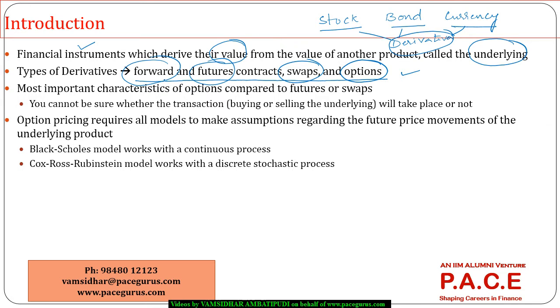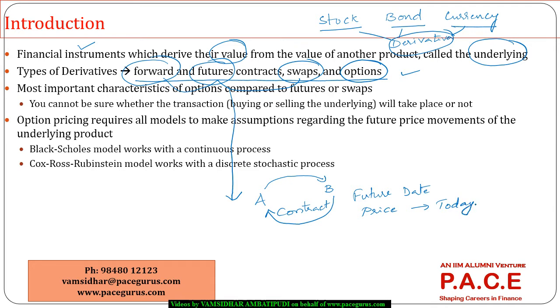In all these three, just as a quick summary, both the parties A and B get into a contract saying A will buy something from B and B will sell something to A at some future date, but the price, quality, quantity, everything is fixed today, right? And in this case, both the parties have to adhere to the contract. They cannot break the contract.